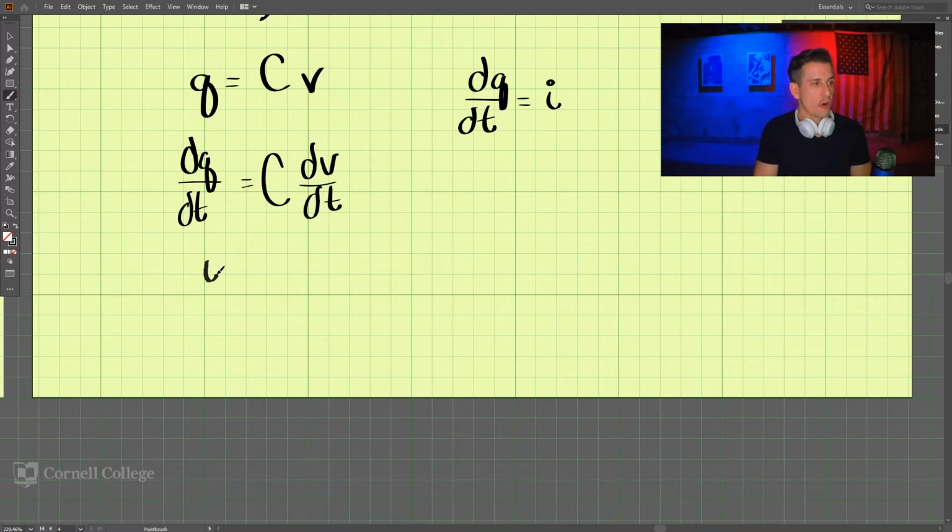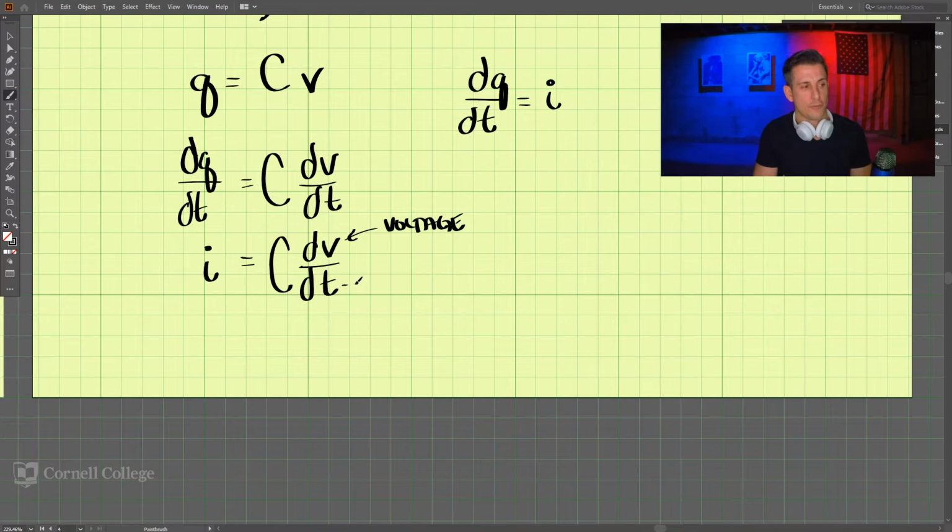So we can say the current dq dt is equal to the capacitance times the derivative of the voltage with respect to time. So this is current. Current is equal to the capacitance times the derivative of the voltage with respect to time.